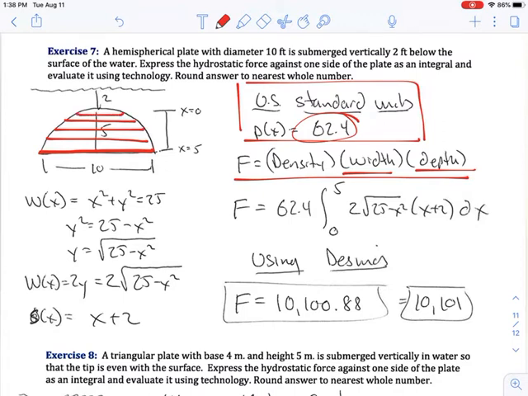And so what we can do is use the formula of a circle. So if we want to find the y value, so here's the center of a circle. If we put a point out here, that's a point (x, y). And so this is a circle. And so we know that x squared plus y squared is equal to the radius squared, and the radius is 5, so radius squared is 25.